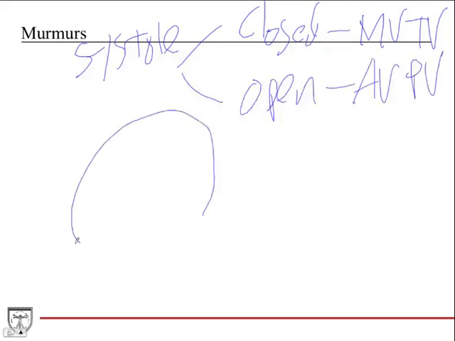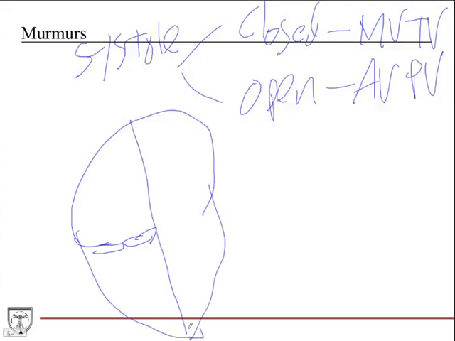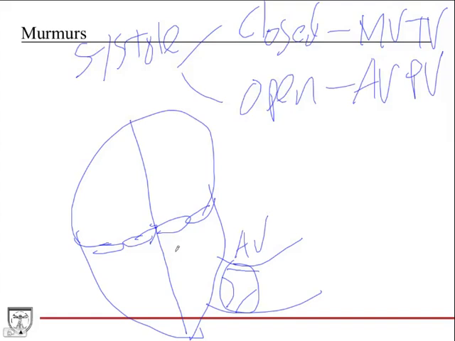So if we draw our heart like this, we have our leaflets like this, septum like this, ventricles like this. Here's our aortic valve, nice and open, letting flow come out.